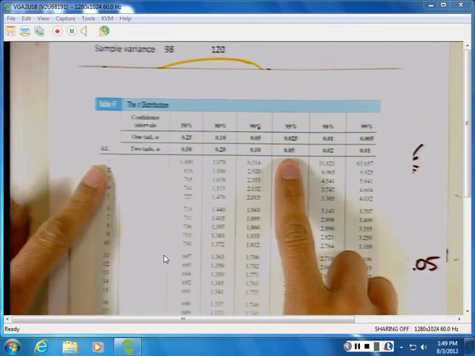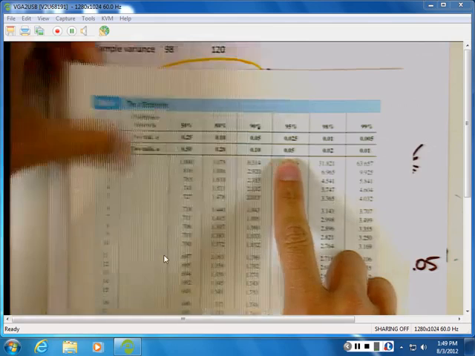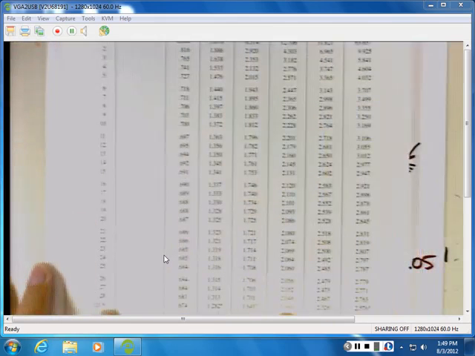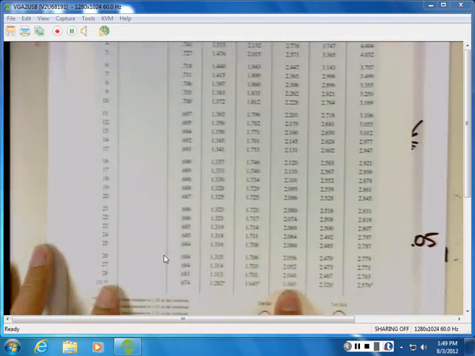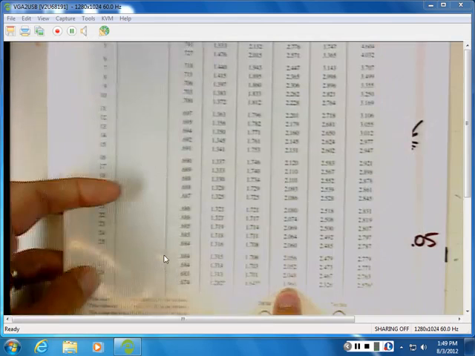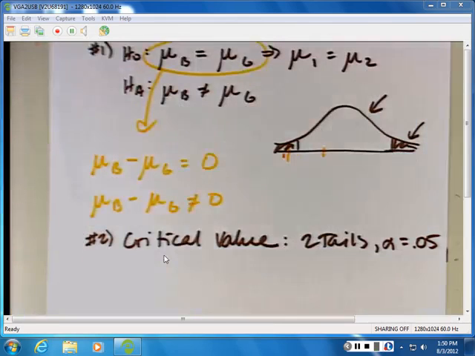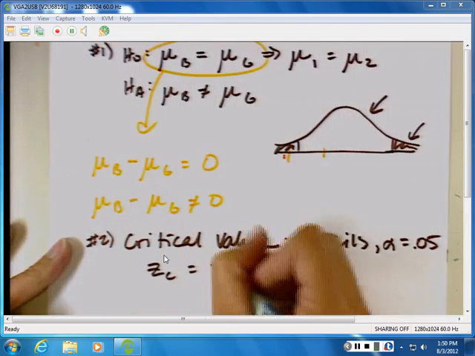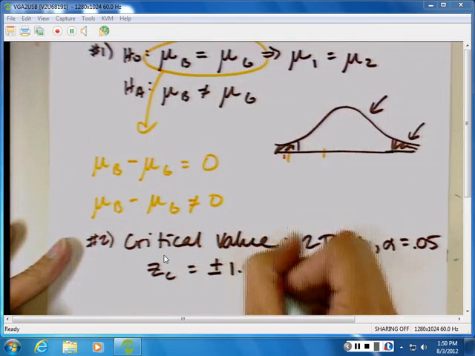I don't need degrees of freedom because I have large sample sizes, so I go all the way to the bottom, and I end up with a critical z-score of 1.96. It's a two-tailed test, so I know to put in the plus or minus 1.96. So our critical value, same step as we've had before, plus or minus 1.96.